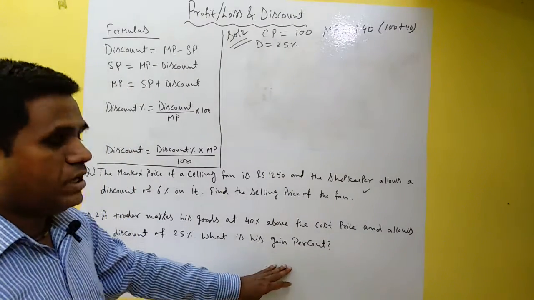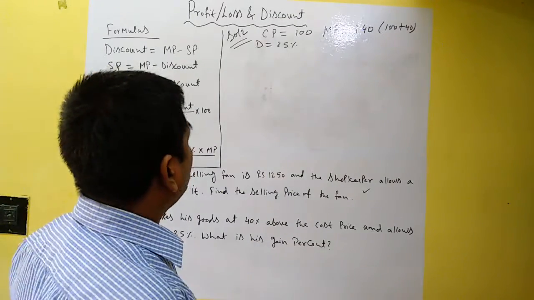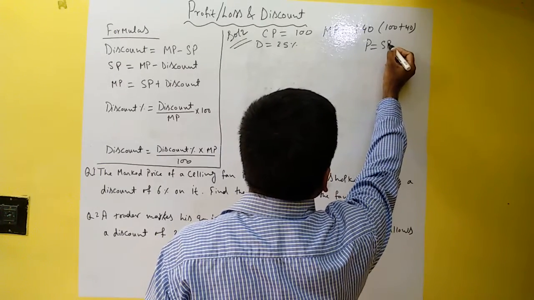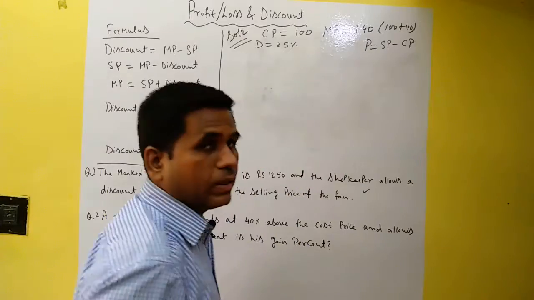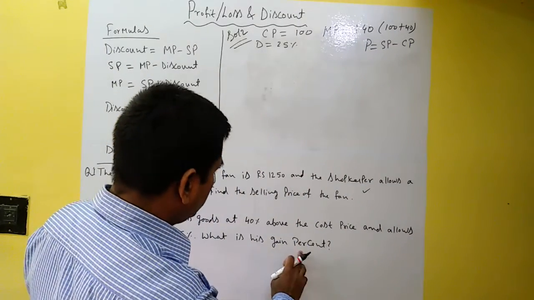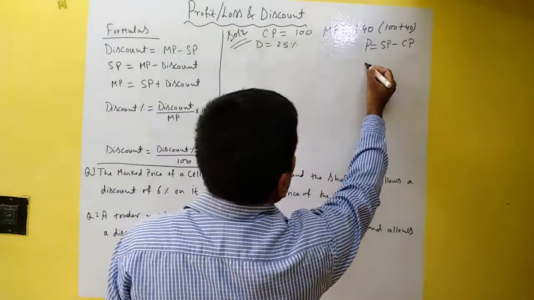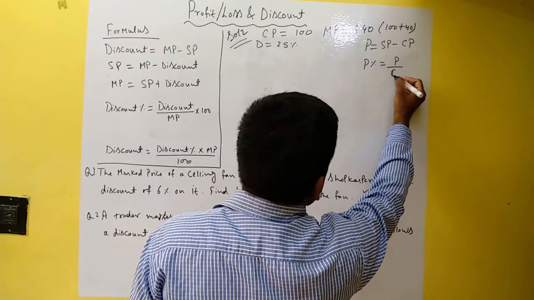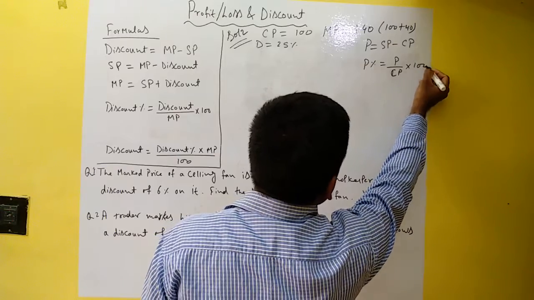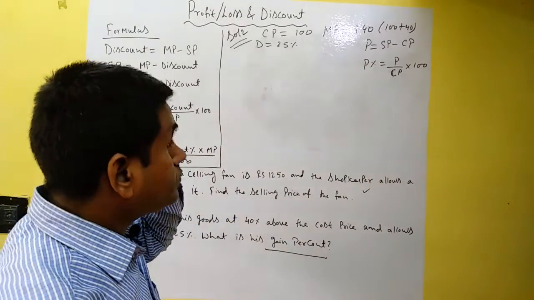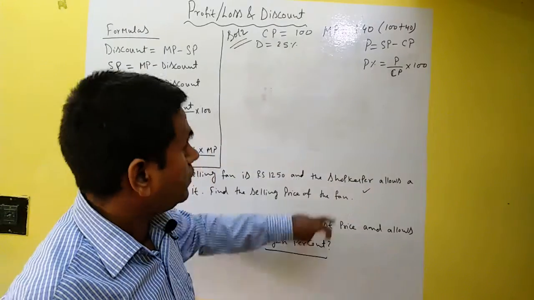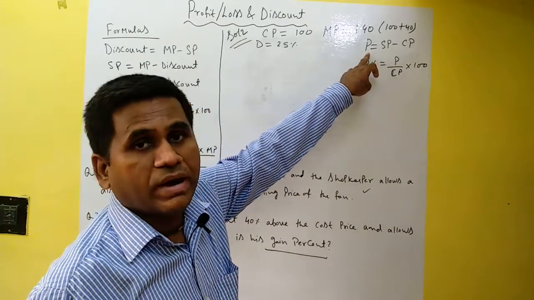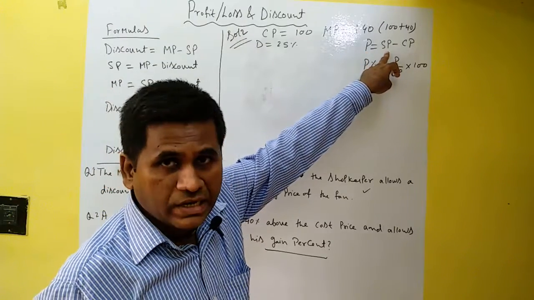To find the gain, meaning profit, you know the profit formula: profit is equal to selling price minus cost price. And profit percent, gain percent, is equal to profit upon cost price multiplied with 100. Before finding profit percent, we have to find the profit, and before finding profit, we have to find the selling price.